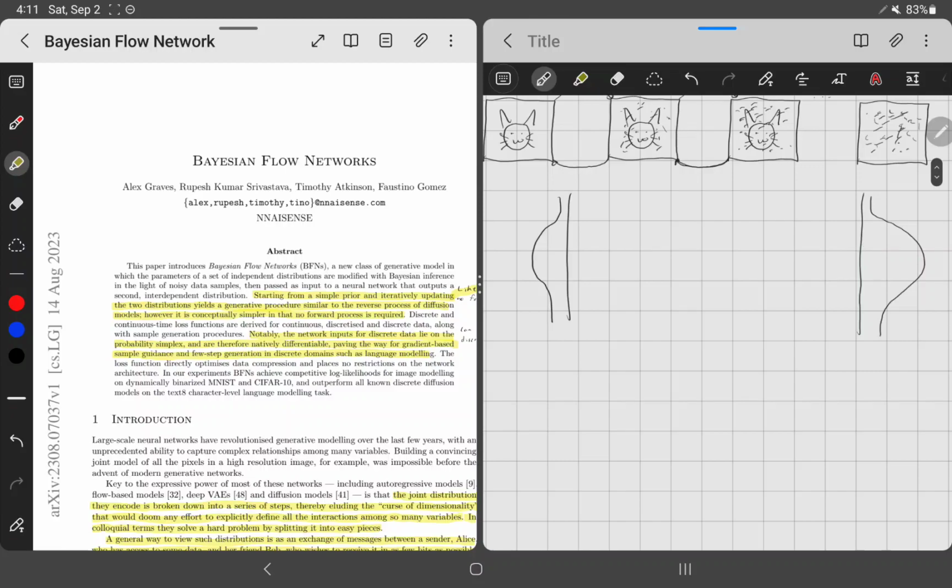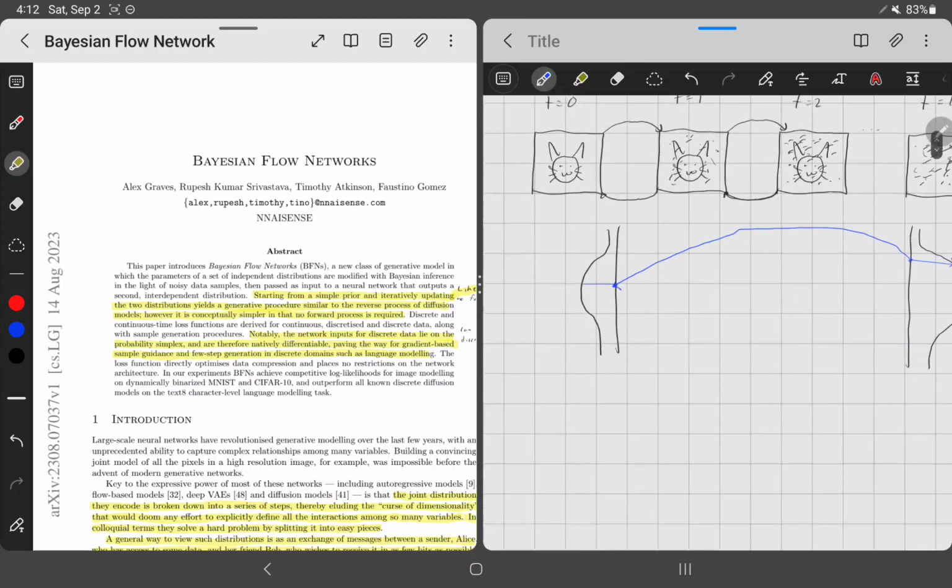You can think of sampling this from a diffusion model as, let me draw this in blue, taking a sample from this Gaussian, well, it would be this point here, and then moving along this process in some way. This can be a stochastic process, or it can be a deterministic process, depending on if you use an ODE or SDE solver. It's besides the point. And you end up somewhere on your data distribution here.